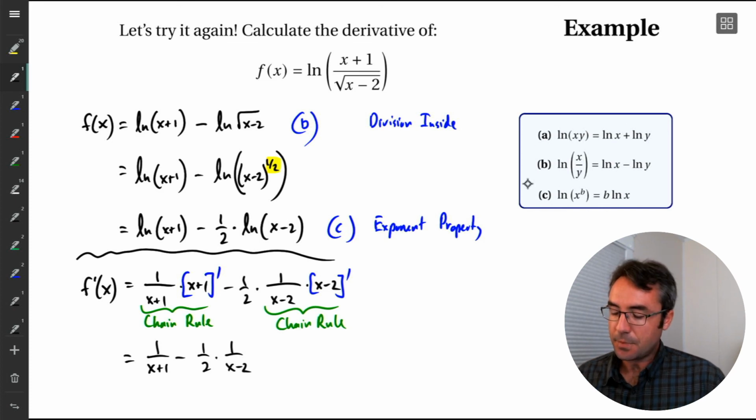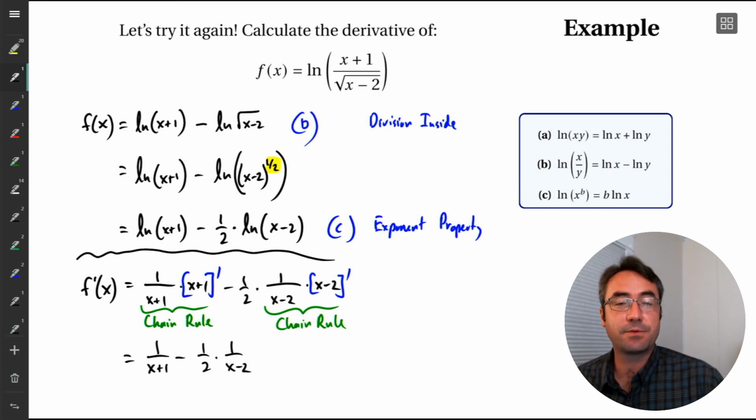So these log properties allow us to convert things into addition or subtraction or maybe constant multiplication, which are easier to differentiate. And so this really sets up our new differentiation technique that we're going to look at, called logarithmic differentiation.